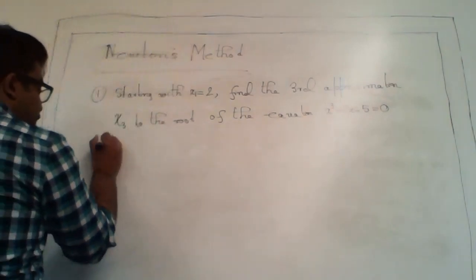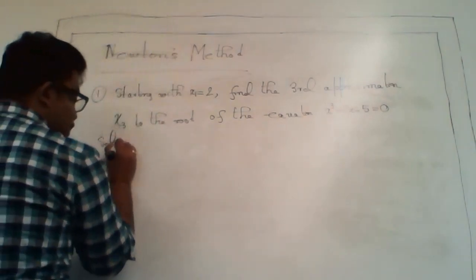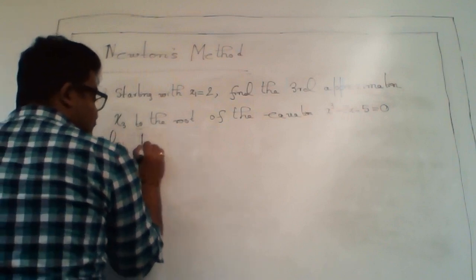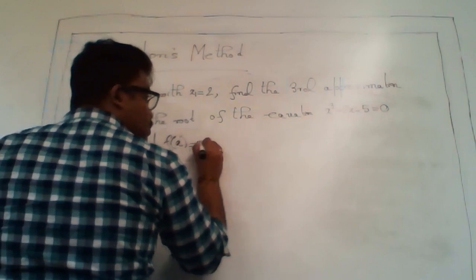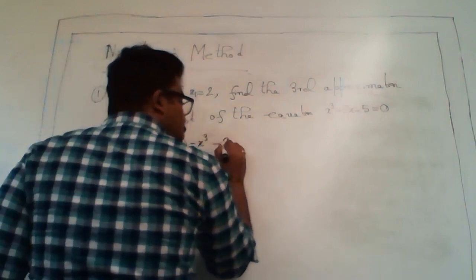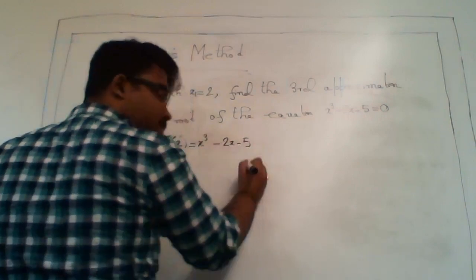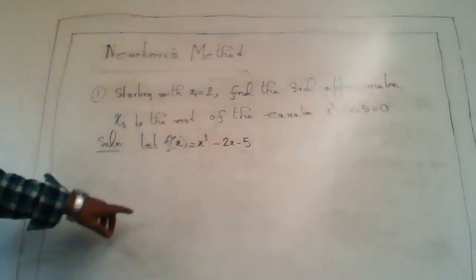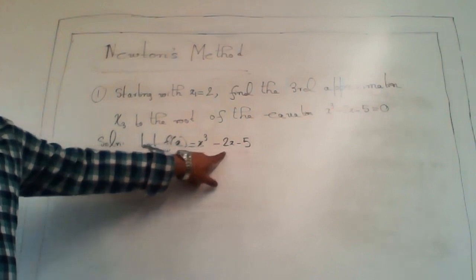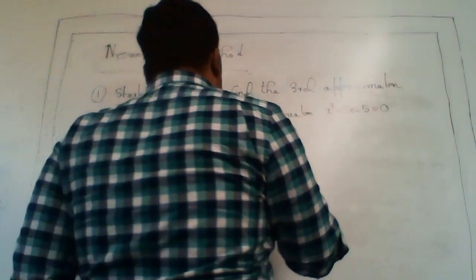So how to do it? We take fx, let fx equal to x cubed minus 2x minus 5. Okay, what you do next? You compute out the derivative of this function. So you have f prime x.